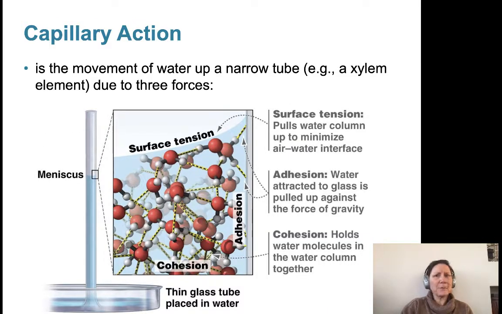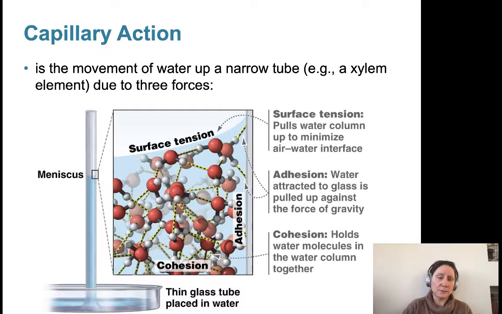So just to review capillary action, and you'll do an experiment in lab, and I'm sure these are forces you're already familiar with, but recall that water has some really interesting properties. It exhibits cohesion, so the water molecules are tightly bonded to each other. They exhibit adhesion, so water is frequently attracted to the sides of a vessel.